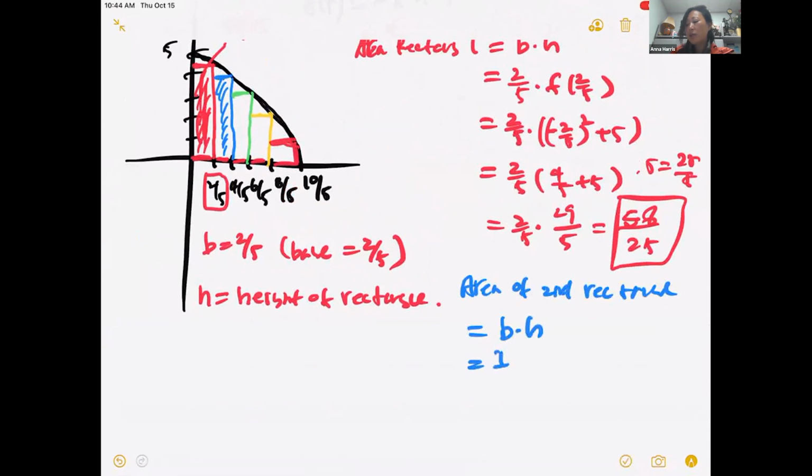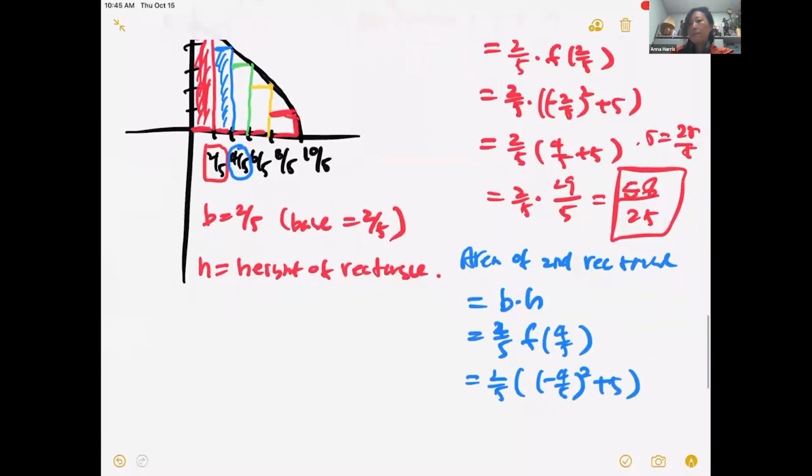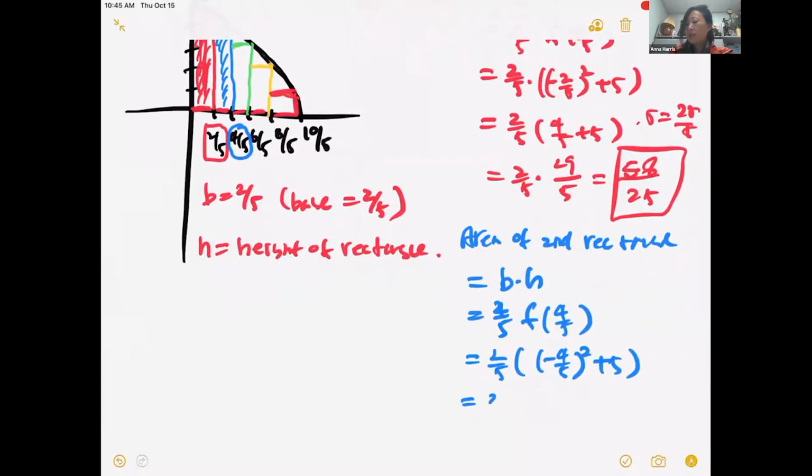The base we already know is 2/5, it's fixed. The height this time, I'm going to plug in 4/5 as my x. So I have 2/5 times negative (4/5) squared plus 5, which gives me 2/5 times 16 over 25 plus 5.